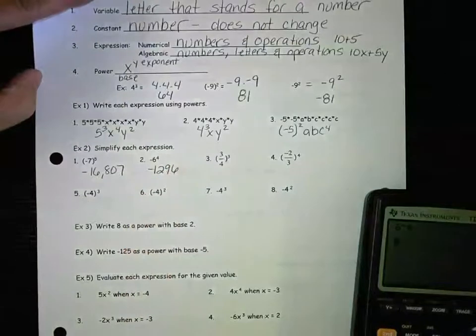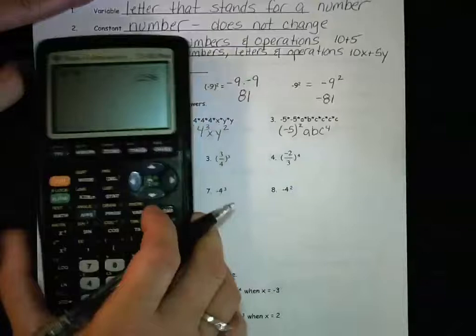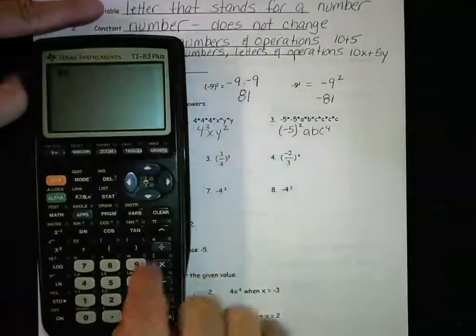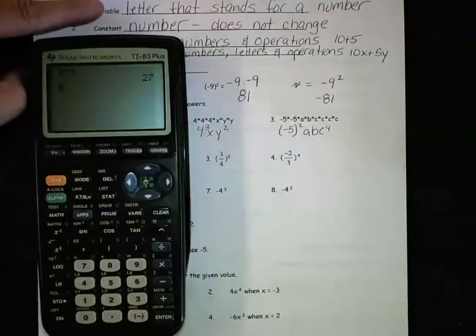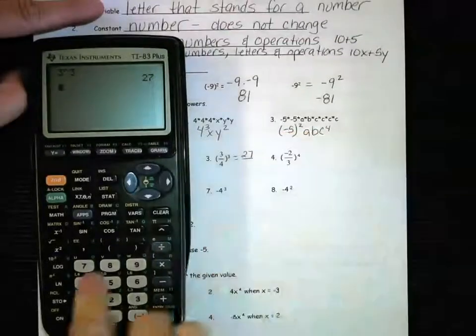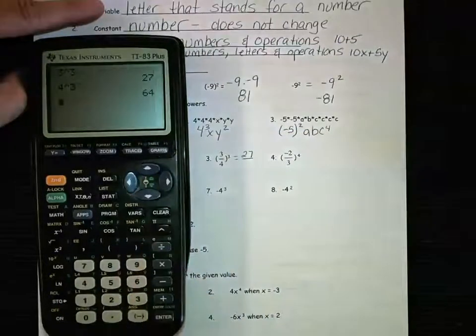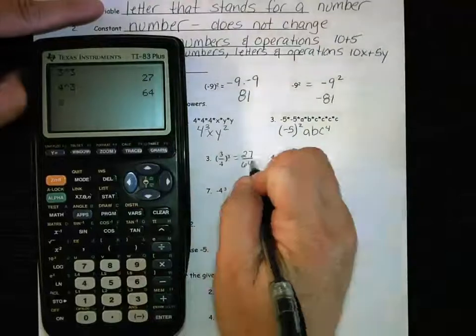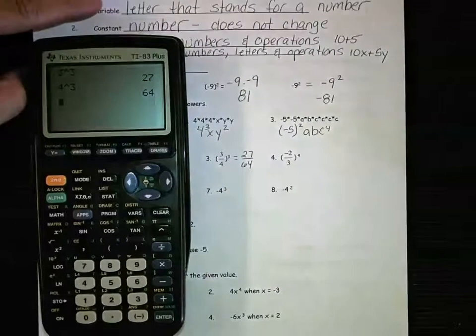3 and 4 are a little bit different. For number 3, you do each part of that. 3 to the third power is 27. 4 to the third power is 64, and you have 27 over 64.